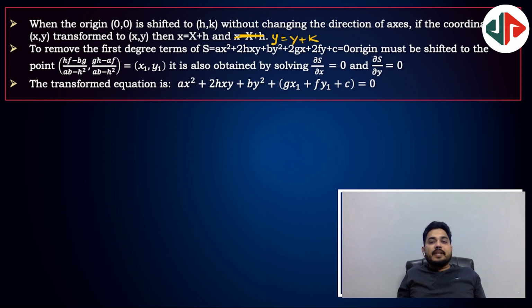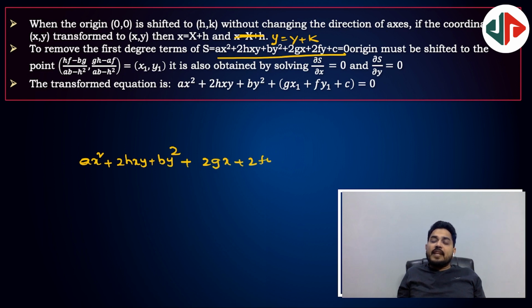To remove the first degree terms of a general second degree equation, ax square plus 2hxy plus by square plus 2gx plus 2fy plus c is equal to 0. Here ax square, 2hxy, by square are second degree terms, 2gx and 2fy are linear terms, and c is a constant.